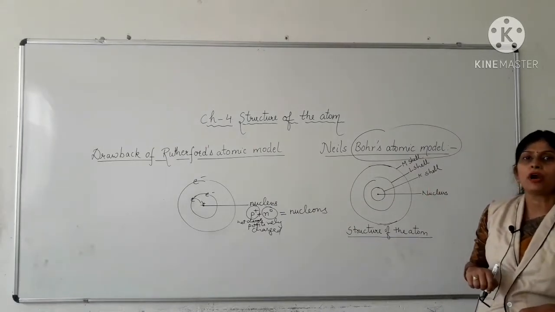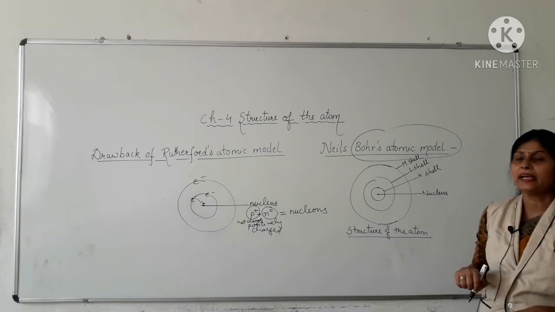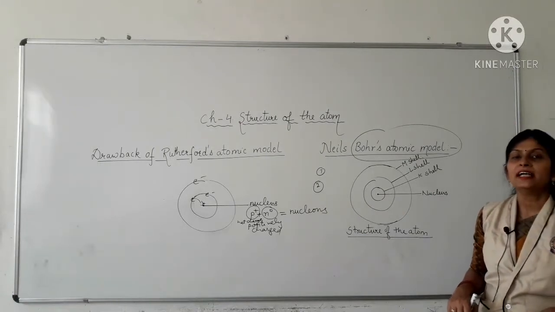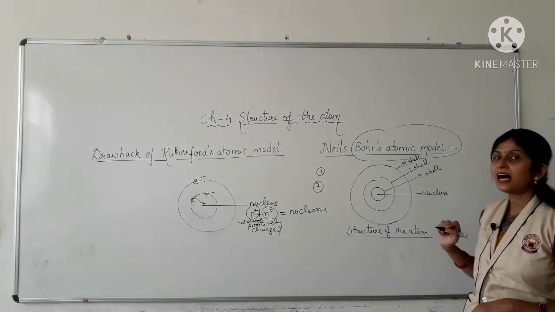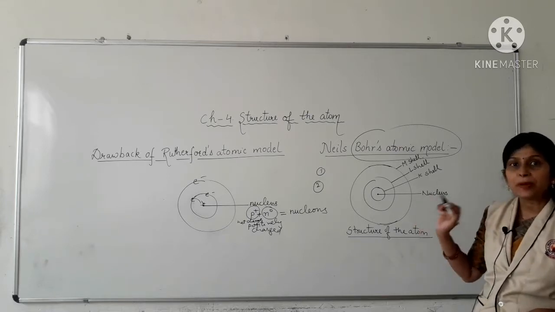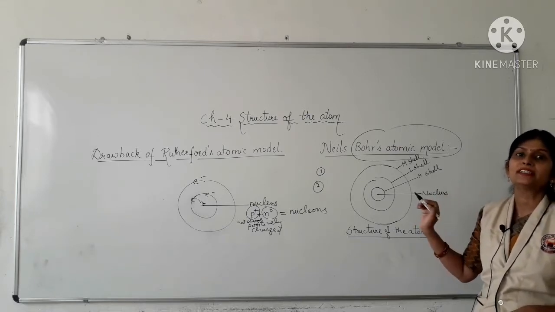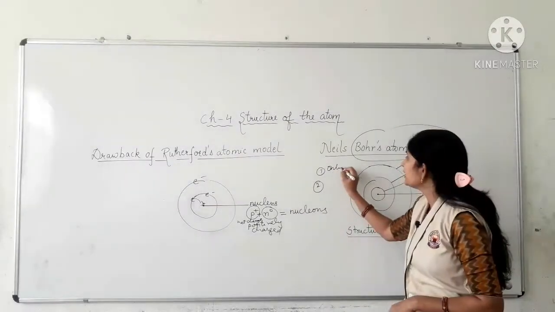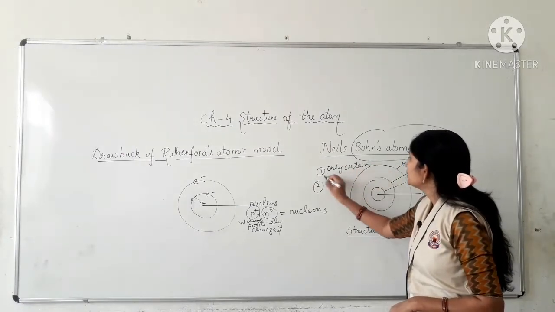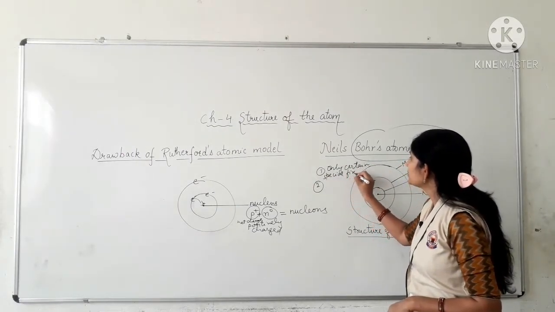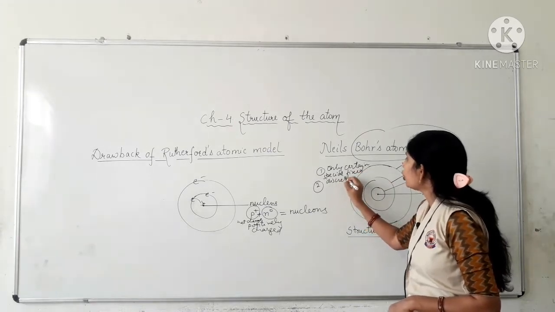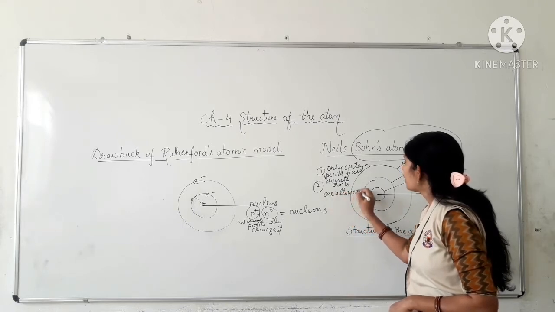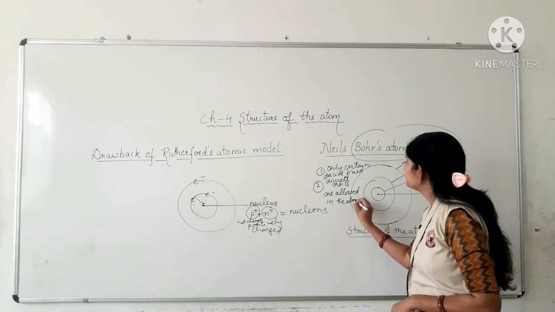In his atomic model, Niels Bohr postulated two main points. What are the two main points? He said that there are certain special discrete orbits present inside the atom, meaning only certain special fixed discrete orbits are allowed or present in the atom.